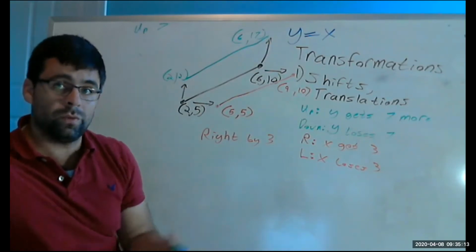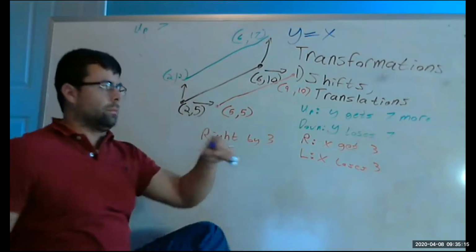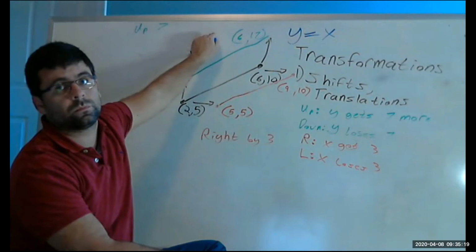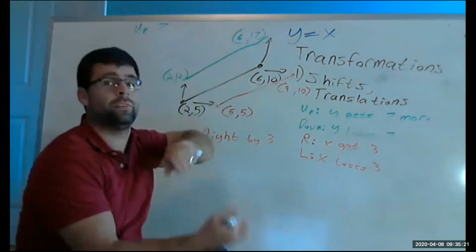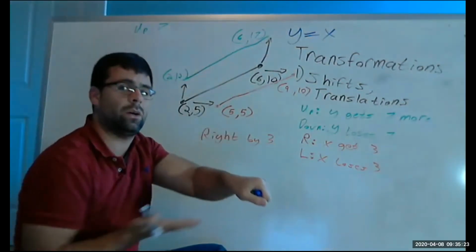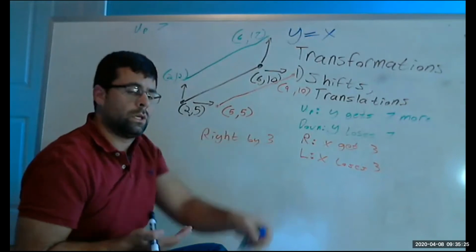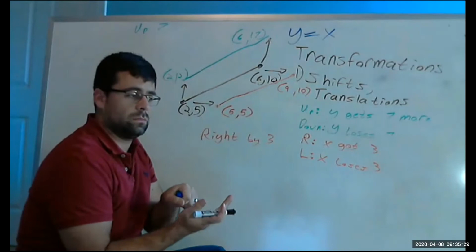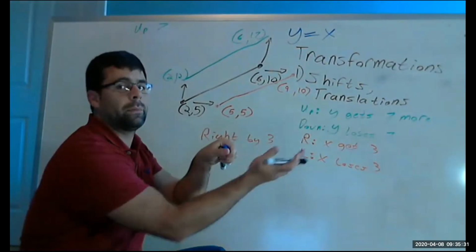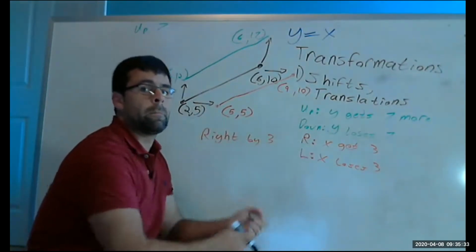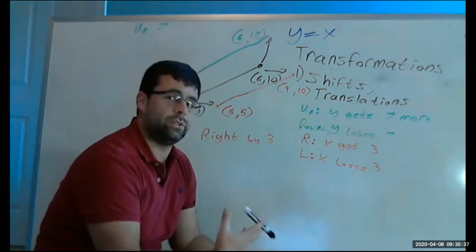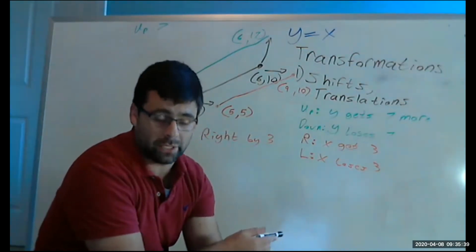But moving the stick up on the graph would be the same thing as moving the graph paper underneath it down. Or vice versa. If you move the stick down on the graph, it would be the same as if you moved the graph paper underneath it up. And this is how we actually do these transformations algebraically.